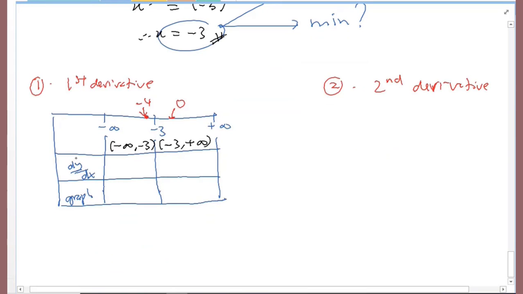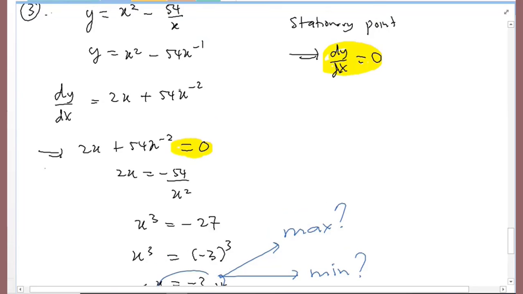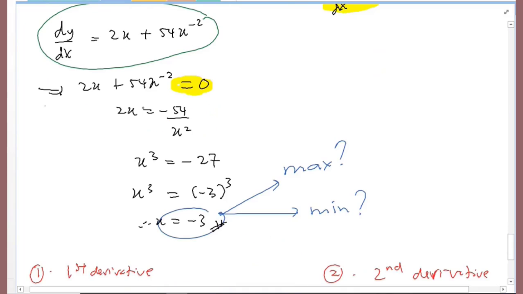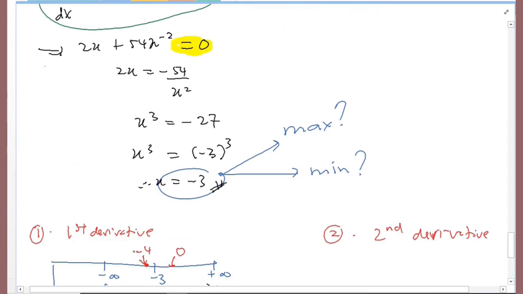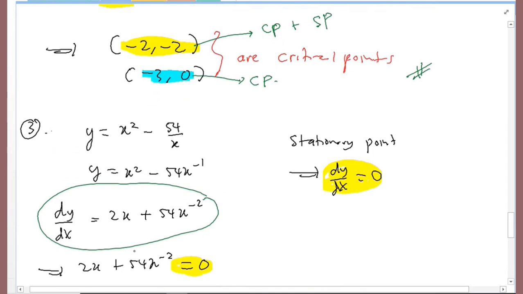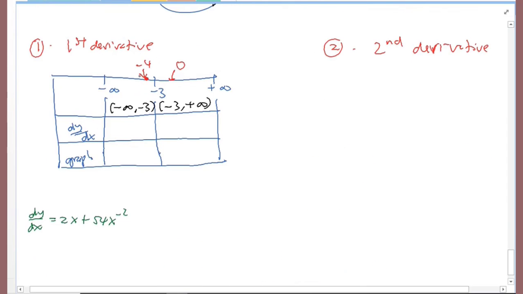And substitute into dy/dx, which is 2x plus 54 over x squared.